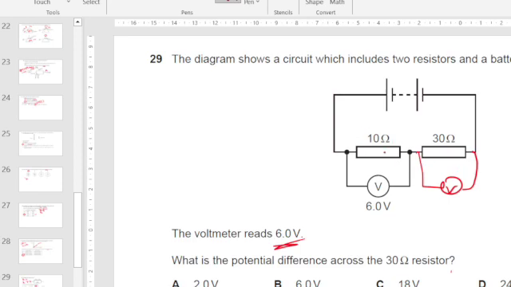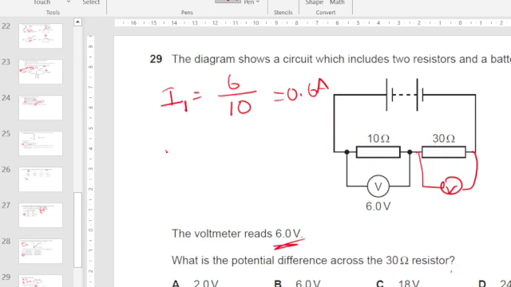The current across 10 ohms I can calculate, and in series connection, current across each element remains the same. So what is the current across the first one? V is equal to IR, I is equal to V by R. So 0.6 amperes is the current along the 10 ohm resistor, and the same current will flow via 30 ohms because this is a series connection.